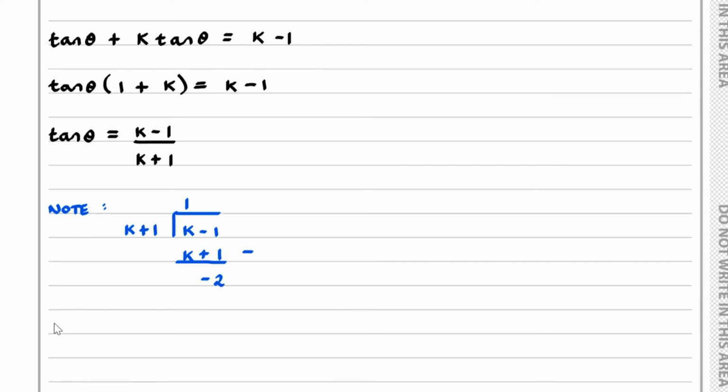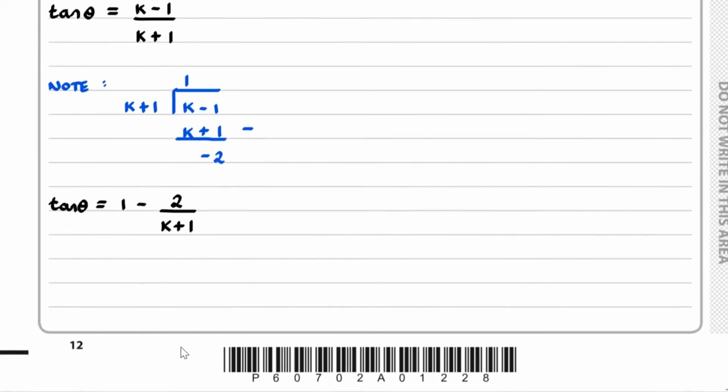And so I've got tan theta equals 1 subtract 2 over k plus 1. And what we can do is think about the behavior of this. So, let's think about what happens as k gets very large.